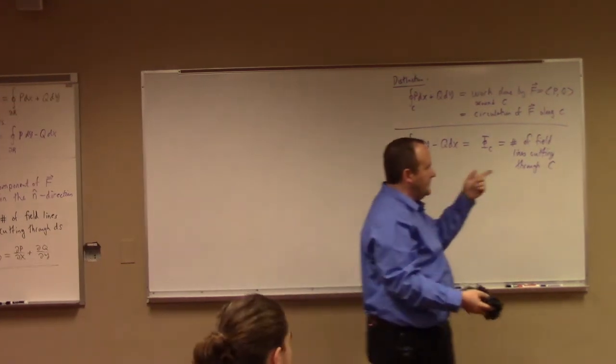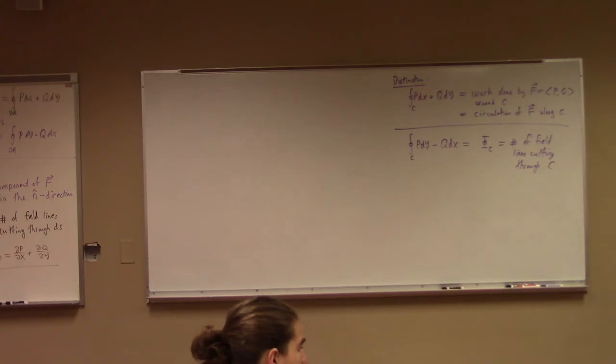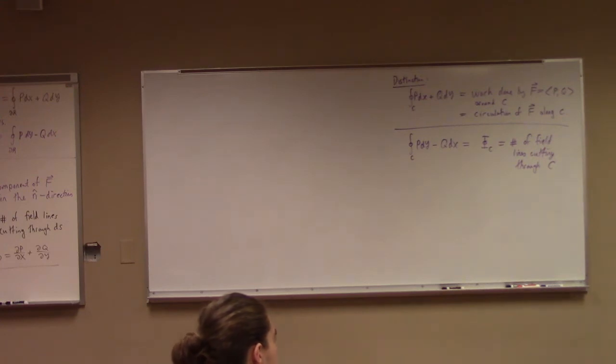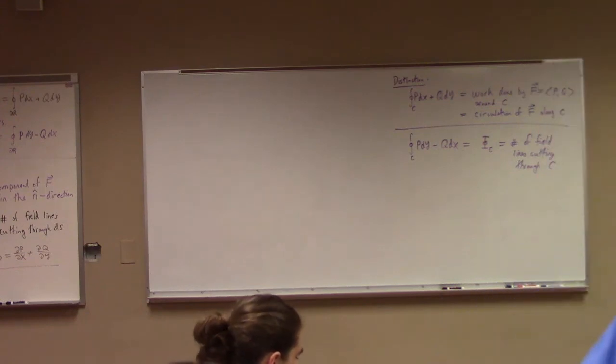So we calculated over here that the circulation, excuse me, the flux of that reciprocal vector field was 2 pi, right? What's the divergence of the reciprocal vector field? Guys, work on that. What's the divergence of that vector field?